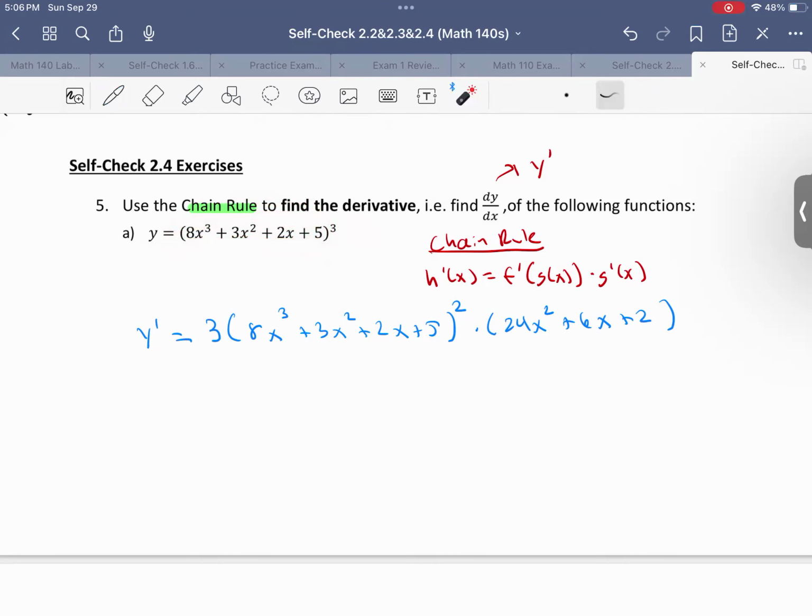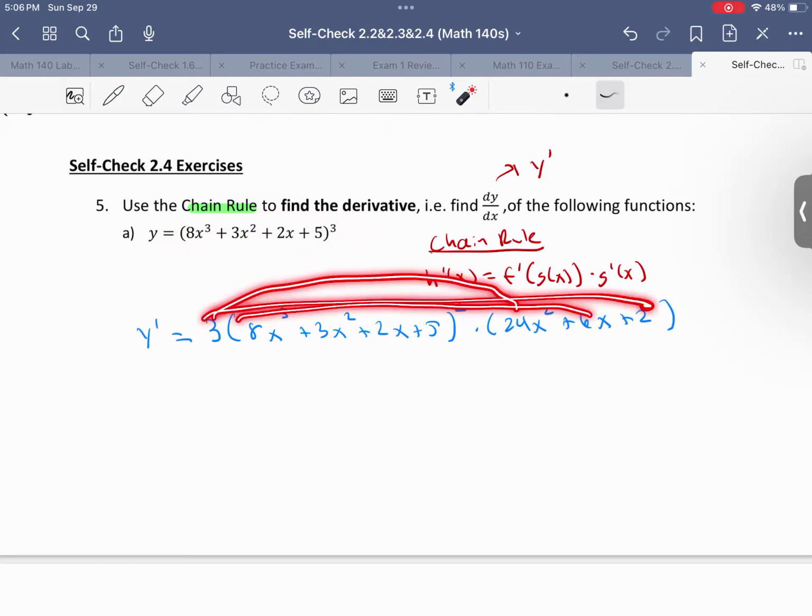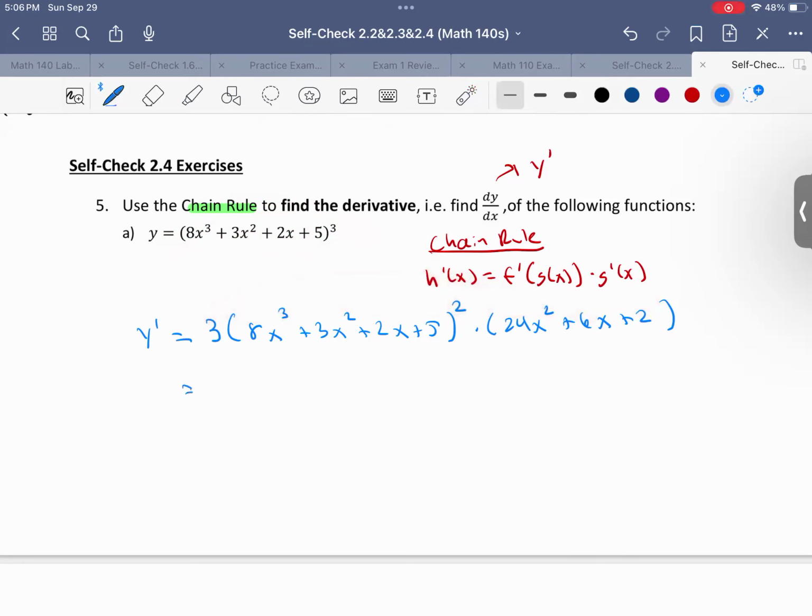Now it's a matter if you want to simplify it or not. You can distribute in this 3 to this guy at the end to clean it up a bit. So you can have 8x cubed plus 3x squared plus 2x plus 5 squared times 72x squared plus 18x plus 6.